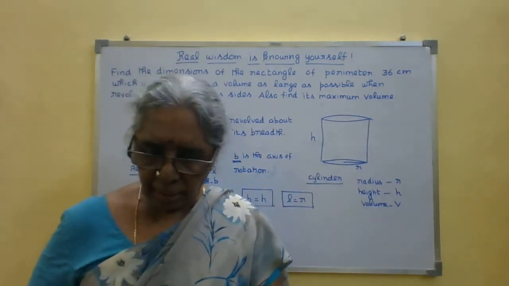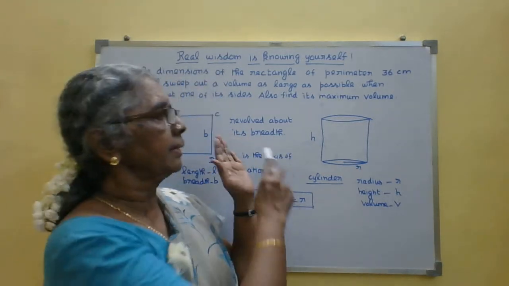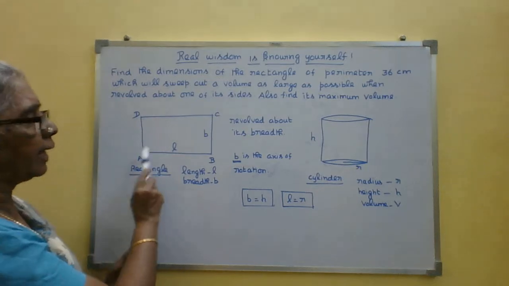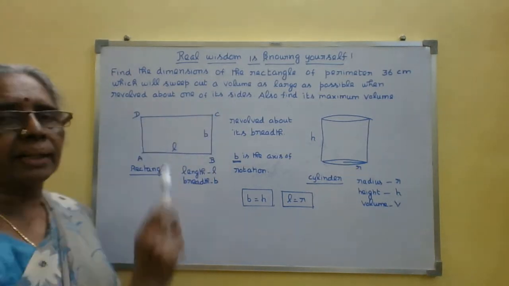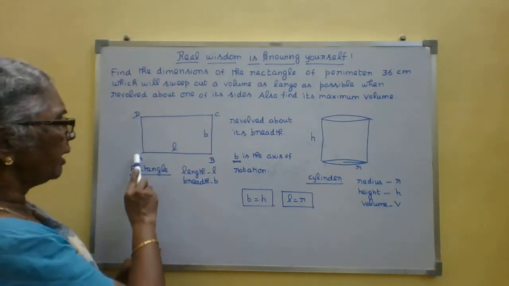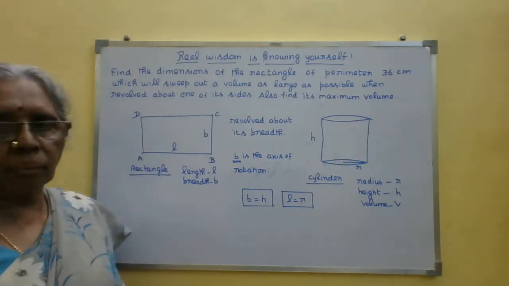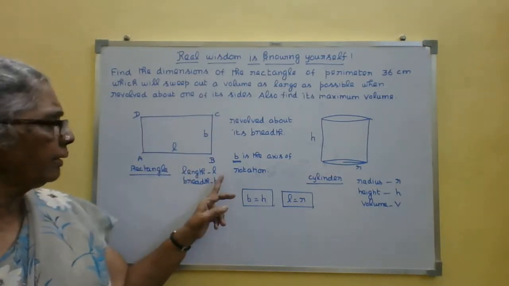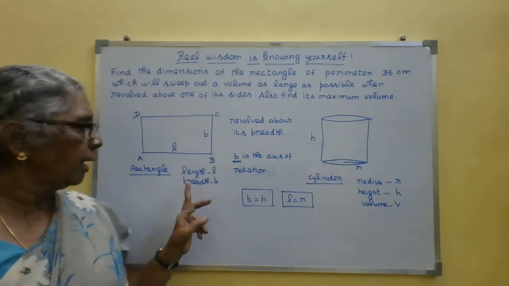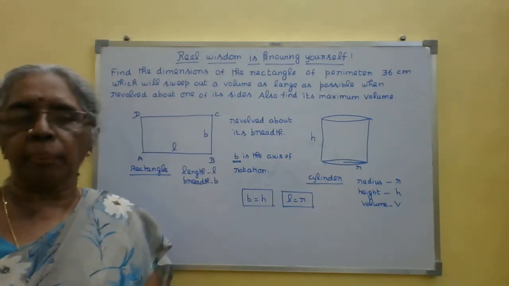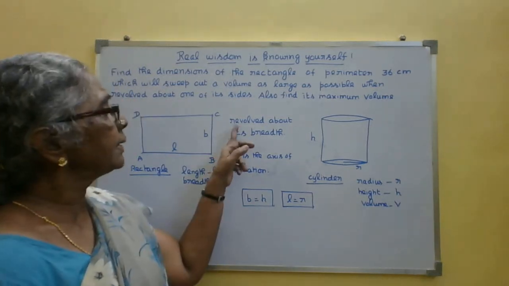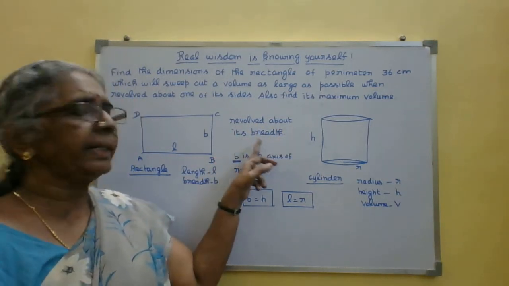So now I have just explained this using the figure. Now look at the figure. This is a rectangle. ABCD is a rectangle. Here AB is the length L and BC is the breadth B. Okay, so length I am representing by the letter L and breadth by the letter B. Now this is revolved about its breadth.